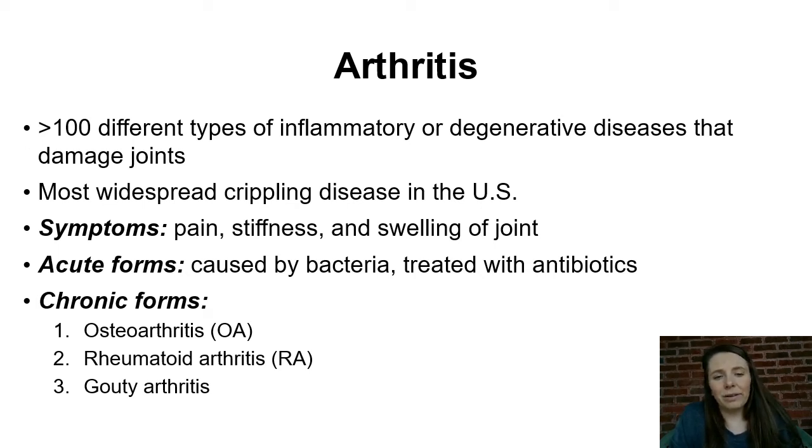Short-term or acute arthritis might be caused by bacteria and can be treated with antibiotics, but there are three major chronic forms that we'll talk a little bit more about in the next couple of slides. The first type we'll talk about is osteoarthritis, and then we'll talk about rheumatoid arthritis and gouty arthritis.